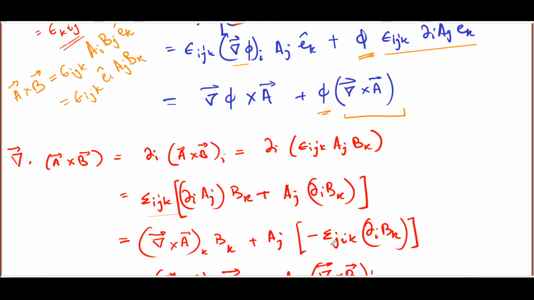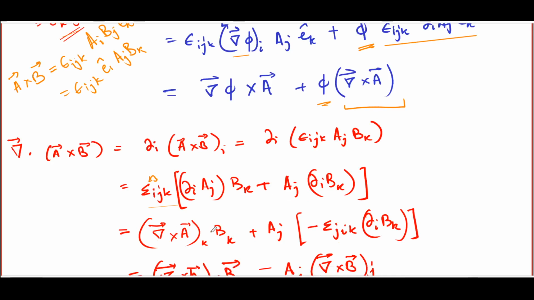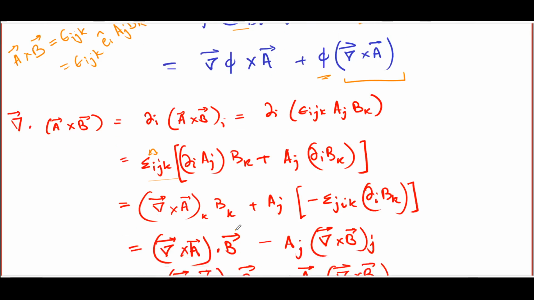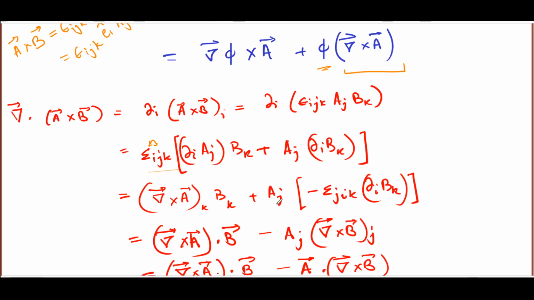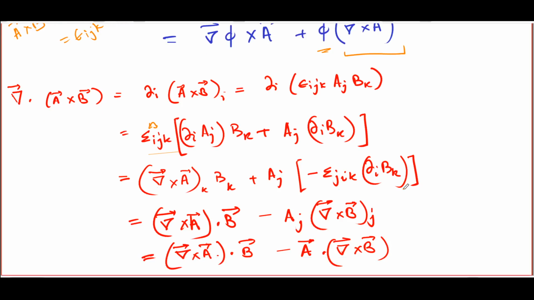Now, in order that this switch can be done, you are actually interchanging i and j, and that's why you have a minus sign. So now, what you have is curl of A's kth component times b_k, and that of course is curl of A dot B. And here you have minus a_j times curl of B's jth component, and that's nothing but curl of B dotted with A.